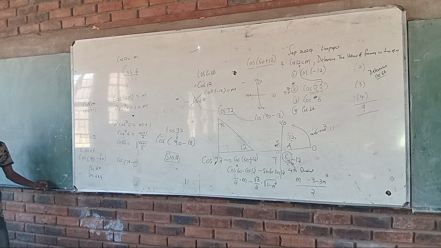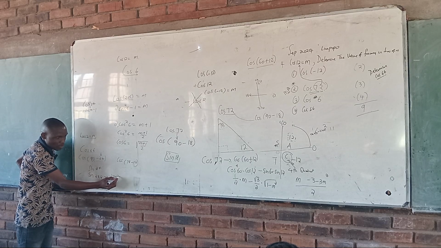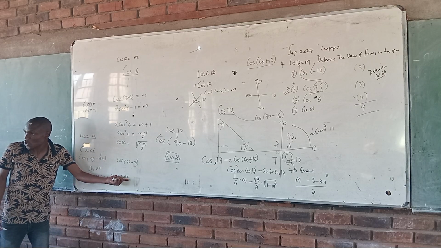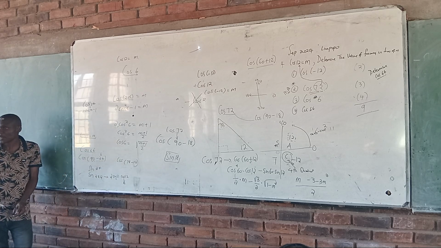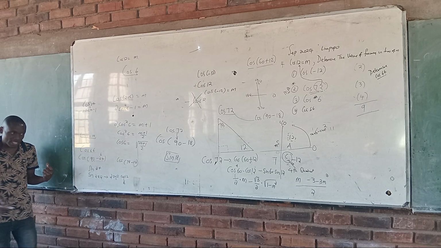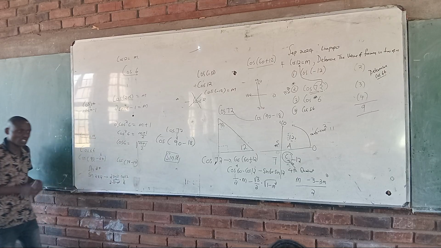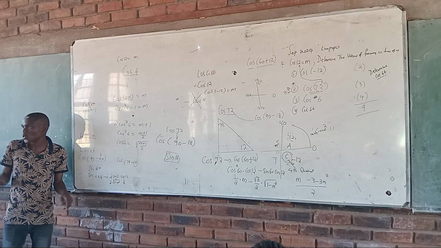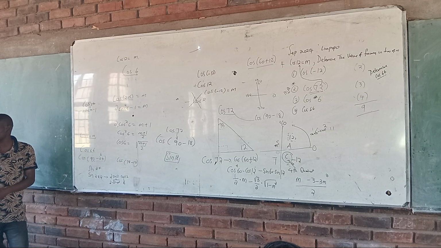So this is a double angle. It becomes 2 sine 12 cos 12. Then you substitute cos 12, which is m. Sine 12 actually is the square root of 1 minus m squared. So this is your answer. It's 2m times the square root of 1 minus m squared. Did you get 2m times the square root of 1 minus m squared? Yes.